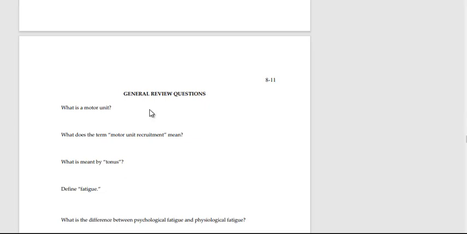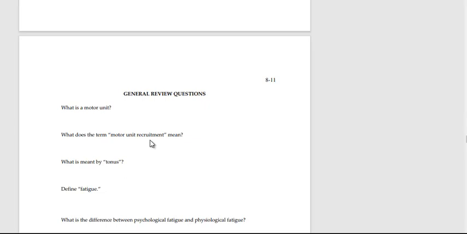So that's a motor unit. And motor unit recruitment is where you use your mind and you get more and more of the muscle fibers to contract or relax. So it's under your control. You can recruit more and more, however many you need to do whatever task, whether you're just going to pick up a pencil or a 30-pound weight.